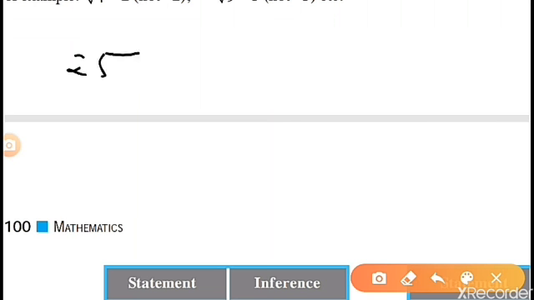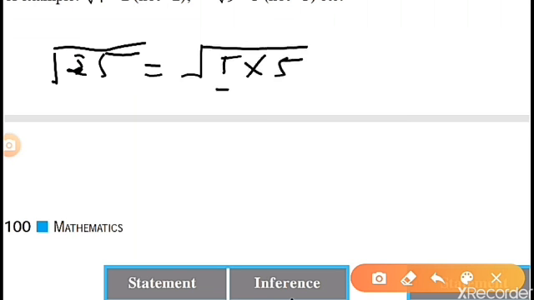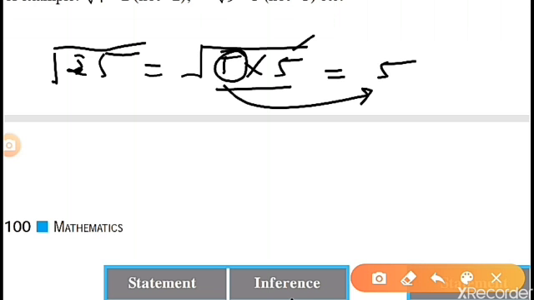Similarly, if we want to calculate the square root of 25, we know 25 can be written as 5 into 5. Taking one pair out, we get only 5. Without any root sign, we take only one element from a pair. So 5 will be the square root of 25.